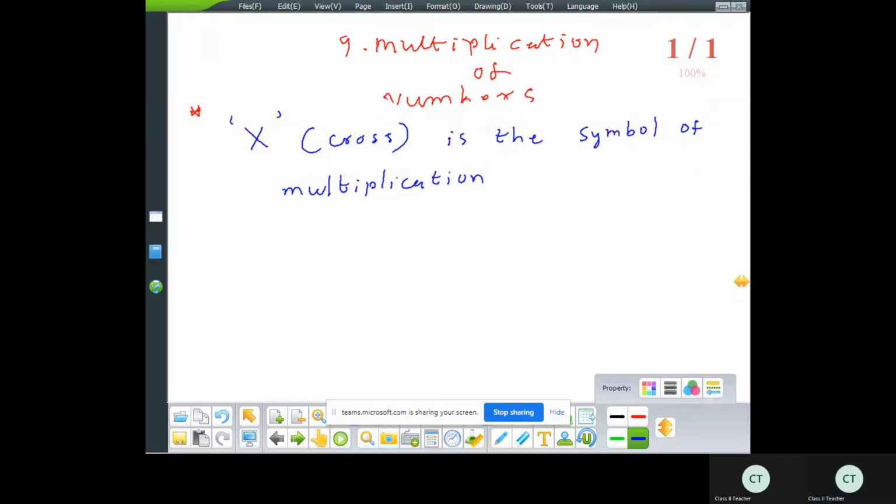Now, third definition is repeated addition.